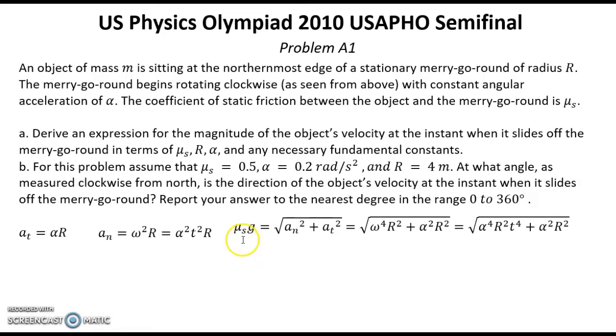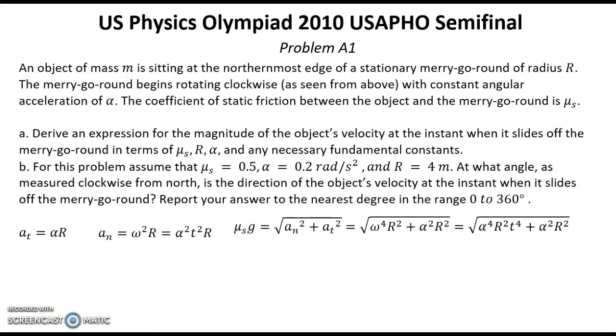So total acceleration, that will be mu static multiplied by g, which is equal to square root from this expression. And when we put expression from here, we can count what is the total equation for this acceleration. And now from this expression we can count what is total time when the objects start to move.